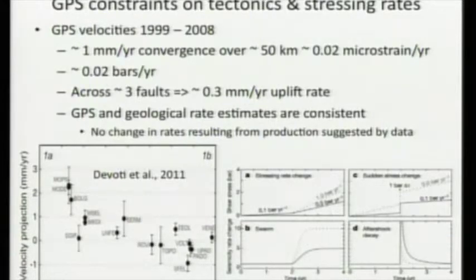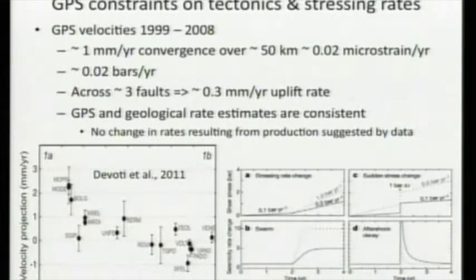We can translate that into a stressing rate, which we can then use in calibrating our stress accumulation models, by multiplying it by Young's modulus. That gives us a stressing rate of about 0.02 bars per year, or 20 millibars per year. Across three faults, there's an average rate of about 0.3 millimeters a year.